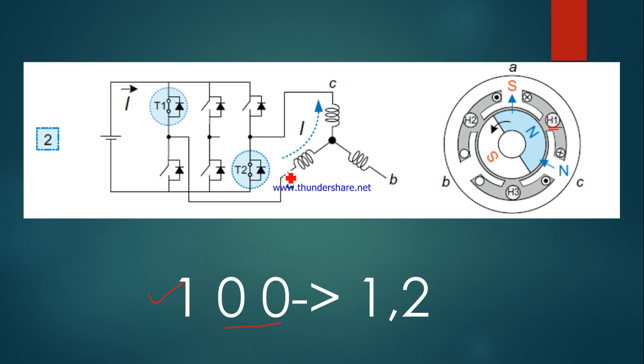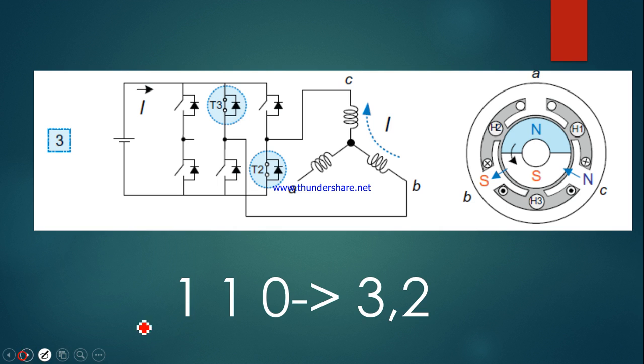If I do 1 and 2, then my A phase will become south and C will become north. You see, my A becomes south and my C becomes north. If it is like that, it will further rotate. You see, it is pushing.